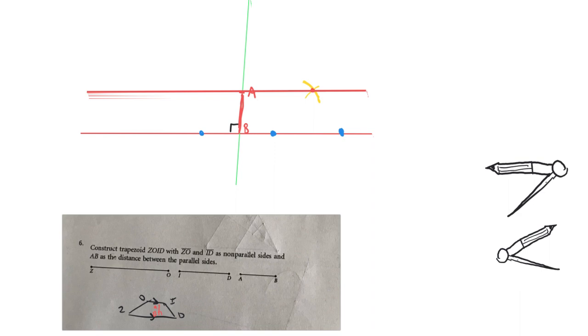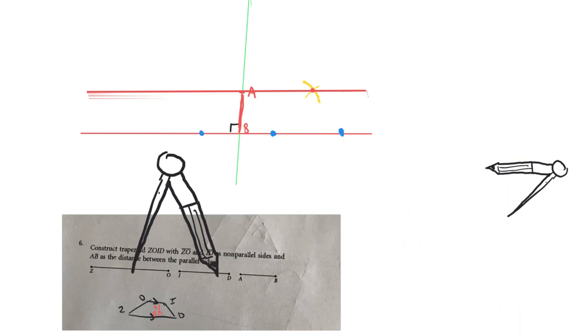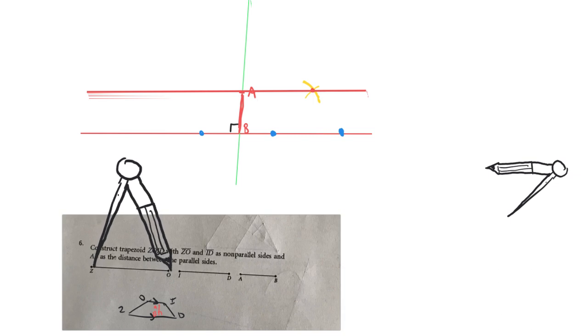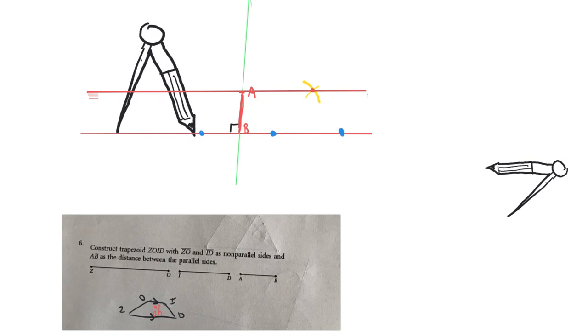You would take your compass and gauge this distance between Z and O. You would preserve that distance. You would simply find some point that you're going to call Z. Let's call this point Z right here. And then you would just draw this arc here. Okay, you would draw this arc like that.